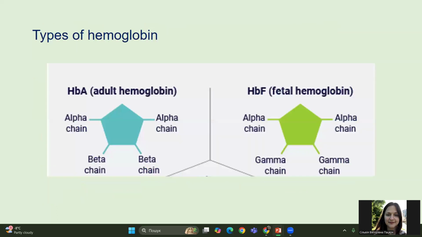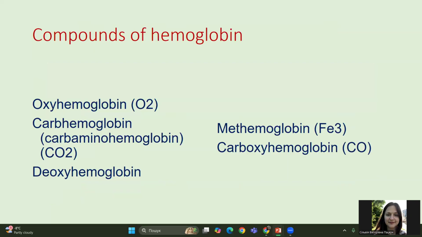Types of hemoglobin. So hemoglobin A, adult hemoglobin, and fetal hemoglobin F. Compounds of hemoglobin. So there are physiological compounds and pathological compounds. On the left side of the screen, we have physiological compounds.